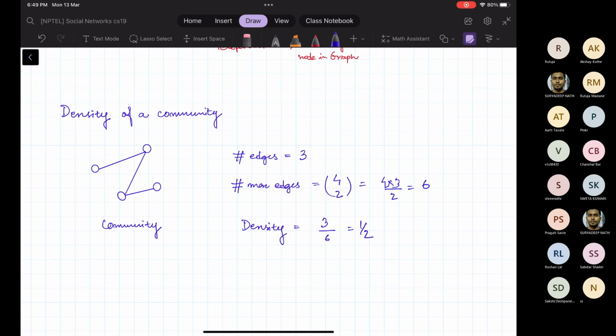How many ways can you pick 2 nodes from a group of 4 nodes? 4 is your n. If you have n nodes, the total number of edges is the number of ways you can pick 2 nodes out of the n available nodes. That would be nC2, n into n minus 1 by 2.